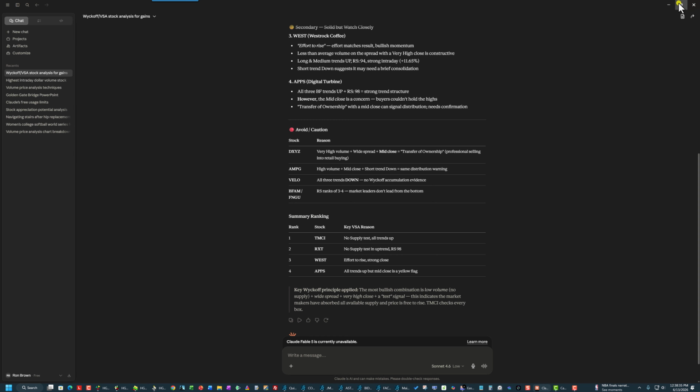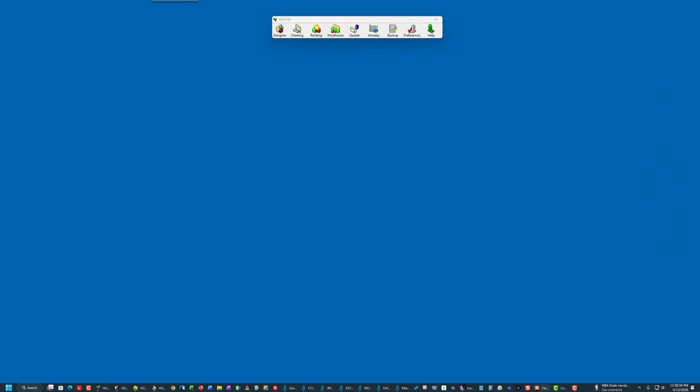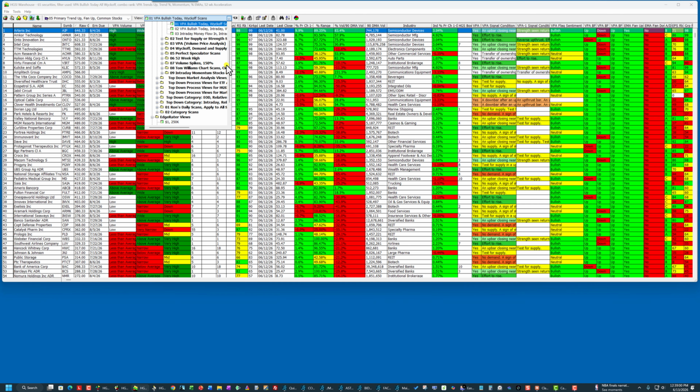I'm going to drag this over to my other screen so I have a reference. And I'm going to look at these stocks. So I'm going to the warehouse. Need to go to a different view.